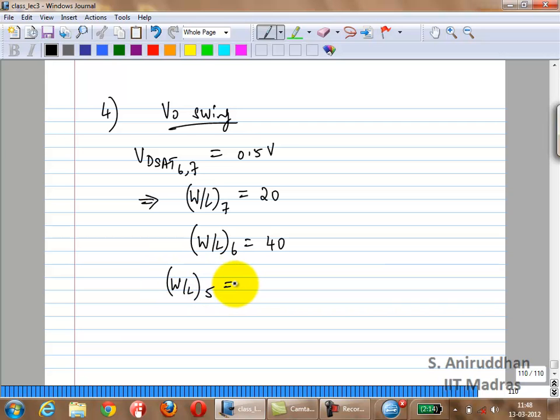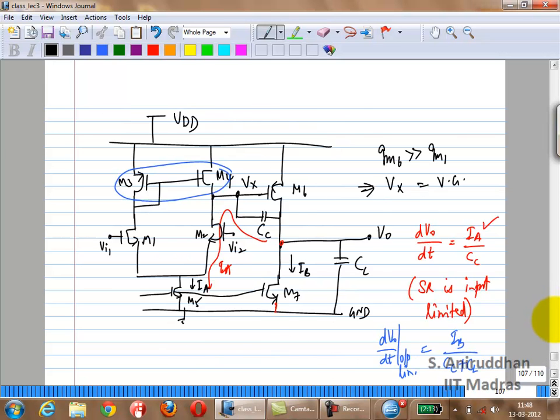Again, you can find out now that you have assumed this is VDSAT, you can decide M5, and let's say if you had some IREF here. I'll call this M8. So now this you have designed for a VDSAT of 0.5. So of course this is a current mirror.